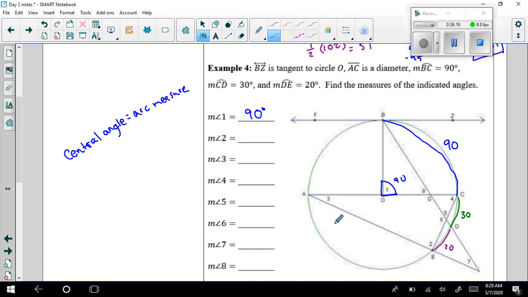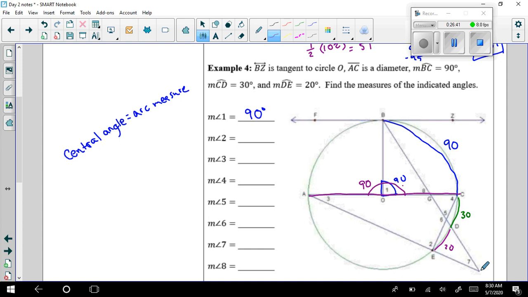So find the measures. And we know that this is a diameter, which means that this is 180. So if that is 90, then that is 90. Not that that's labeled, but sometimes it helps just to work those out. Okay, so then you just work through using your rules.